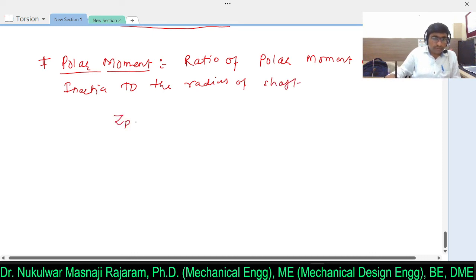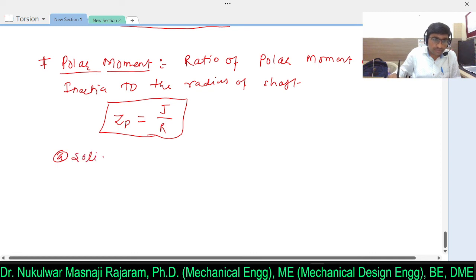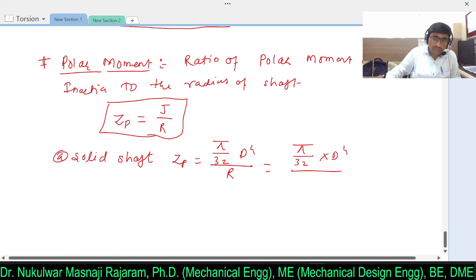It is denoted by ZP, that is J divided by R. So if I evaluate for a solid shaft, then ZP will be equal to J, which is pi by 32 d raised to 4, divided by R. Instead of R I will write d by 2, so ZP equals pi by 16 into d cubed.